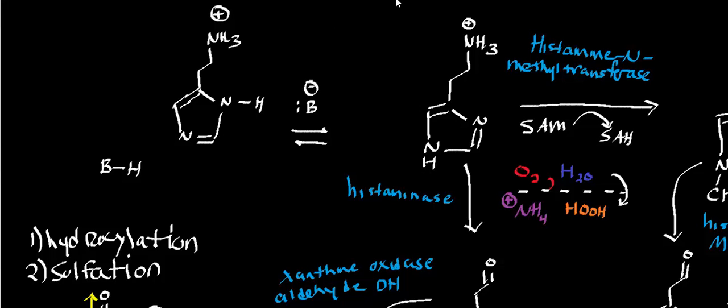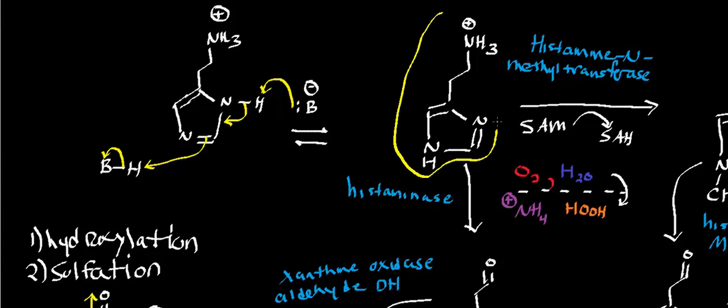I'll draw the electron movements in yellow. You could have some base over here that deprotonates here, and we're just doing a simple base catalyzed tautomerization. That's going to force these electrons in here, and these come out and abstract a proton from another base, or in that case, it's acting as an acid. And so what you get is this form of histamine right here.